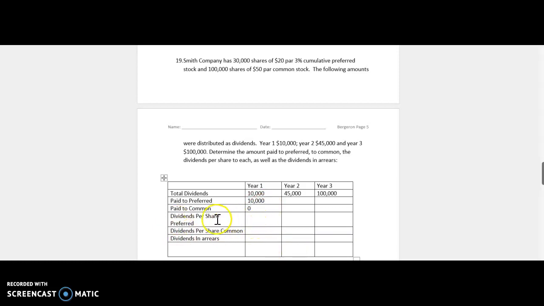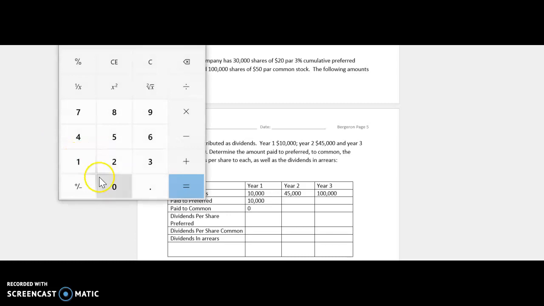And then the dividends per share for preferred, you're going to take the dividends they got divided by the number of shares of preferred, and it was 30,000. So you're going to do 10,000 divided by 30,000.